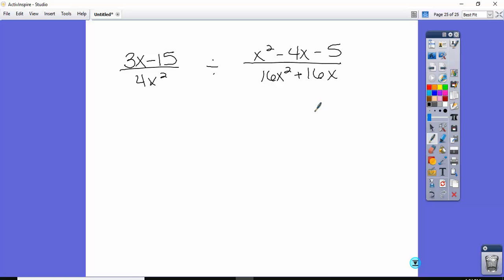So I want you to divide those things. Where would you begin? Very good. To divide, we flip and multiply. So I'm going to change this to times and flip the second one.